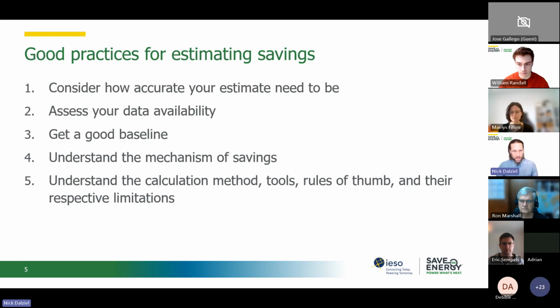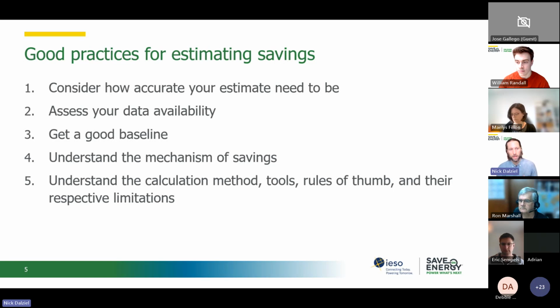The next item, which is directly related to this, is assessing the data that's available to you, which will have a significant influence on how much effort to put into your estimate or how to approach your savings estimate. Item 3, which probably can't be repeated enough, is to always make sure you start by considering the baseline, developing a good baseline before you estimate your savings, and we'll provide a rationale for that.